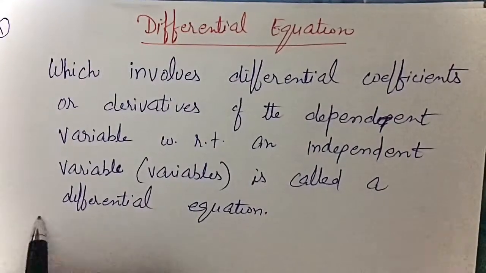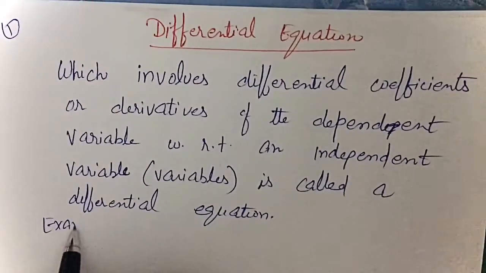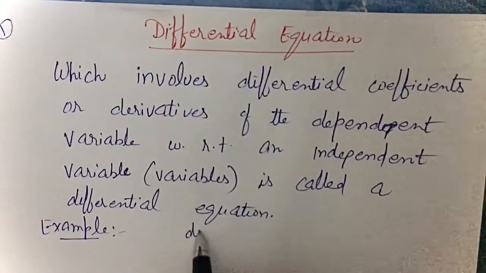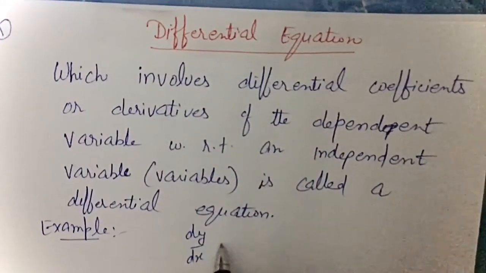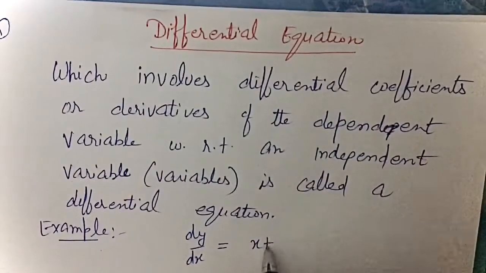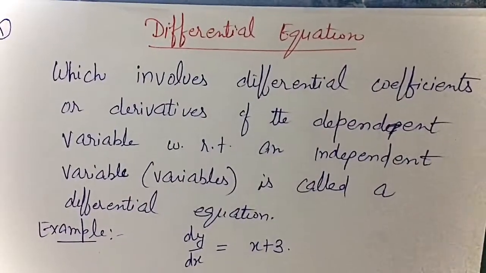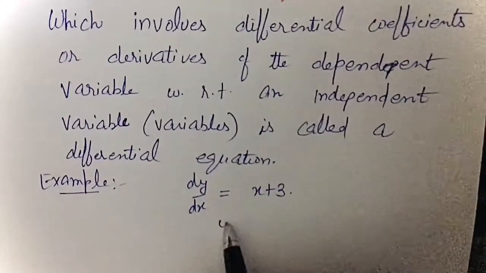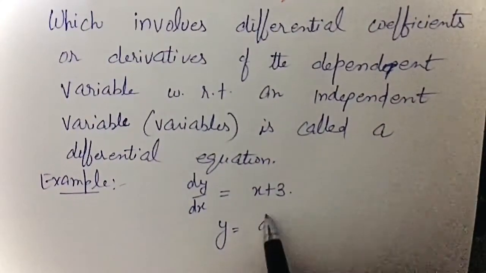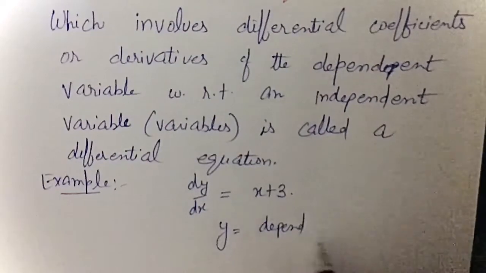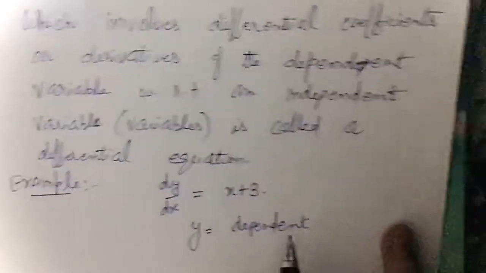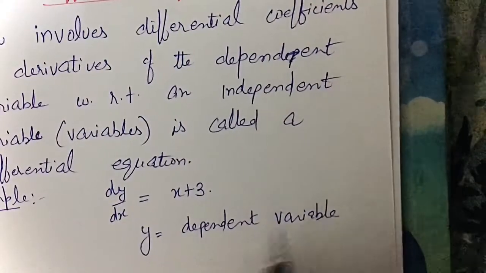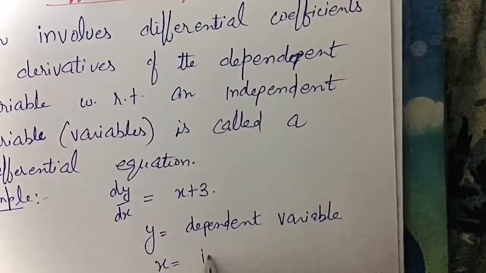For example, dy upon dx is equal to x plus 3 is a differential equation. Here y is the dependent variable and x is independent variable.